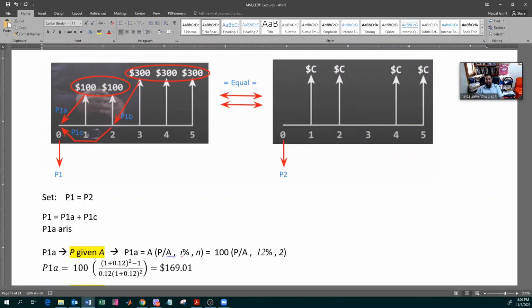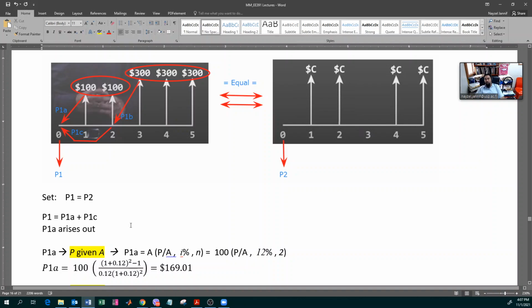P1A arises out of what? Let's see if somebody can answer. What does it arise out of? P1A arises out of, anyone? Come on, guys. What is contributing towards P1A? What are the two contributing factors?